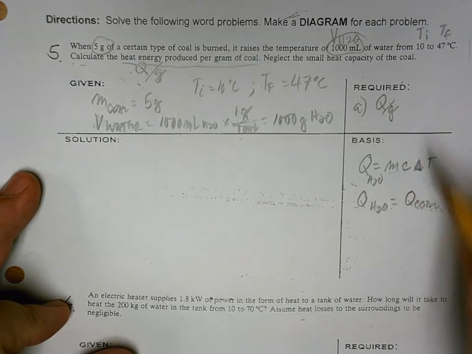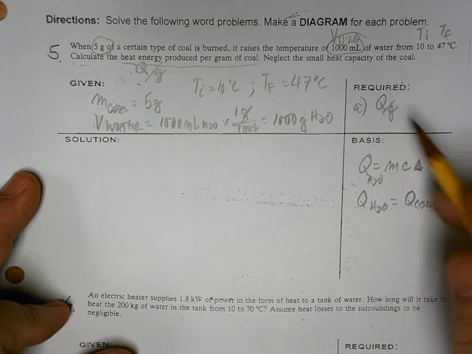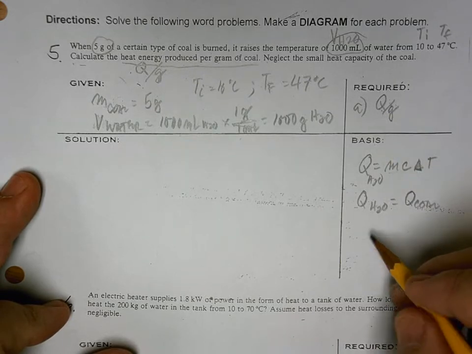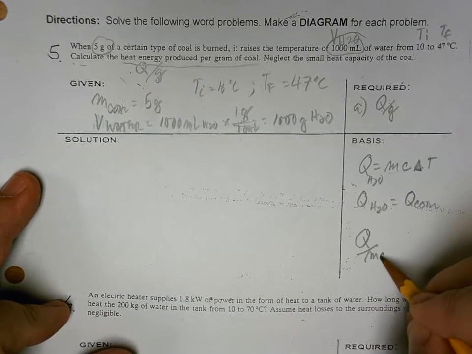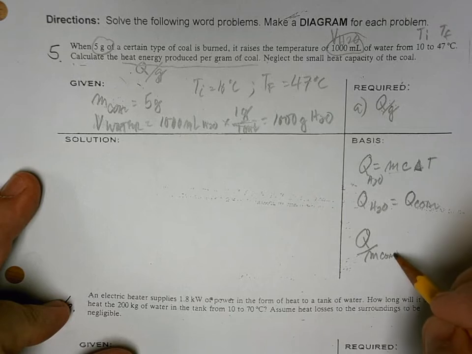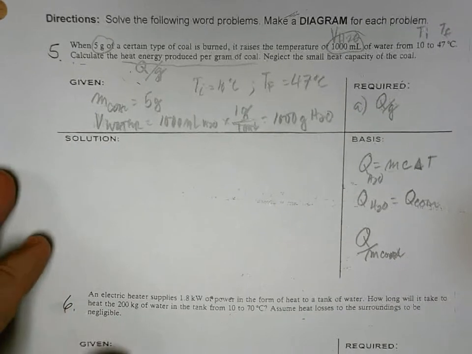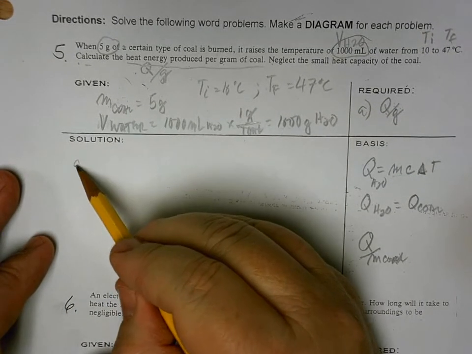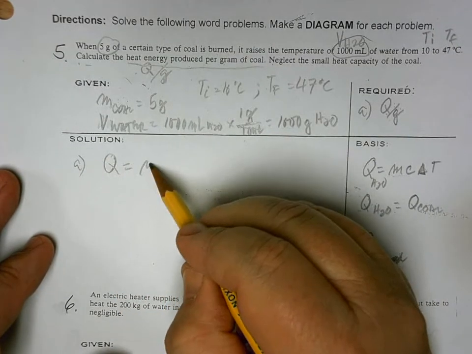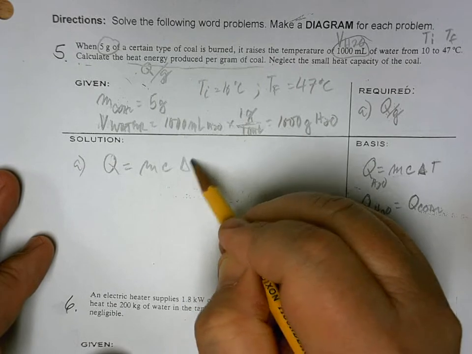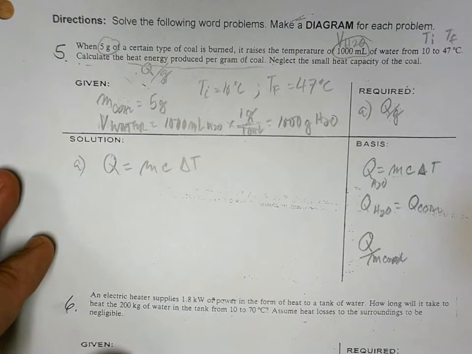And then after that, you have to divide the heat of the coal by the weight of the coal. So Q over mass of the coal. Okay? And this is what you're ultimately looking for. How do you start? Your solution is Q is equal to MC delta T. Oh, one more thing.